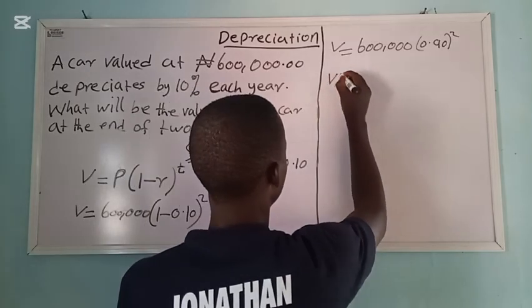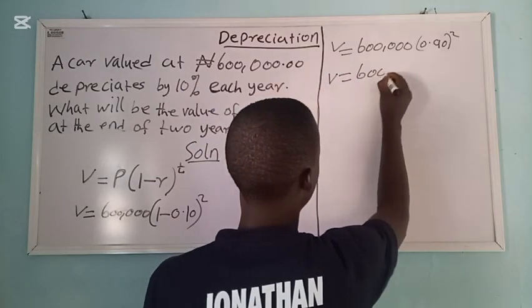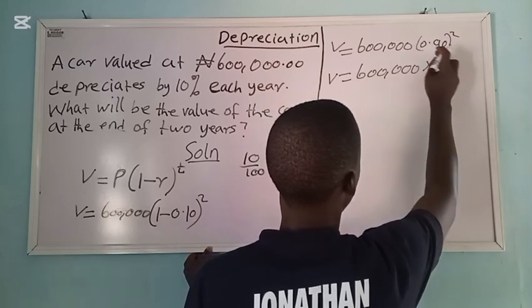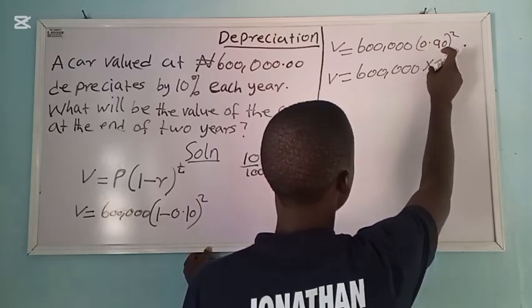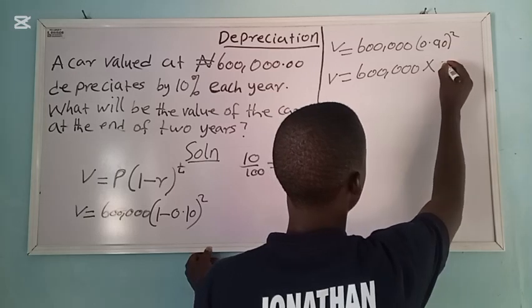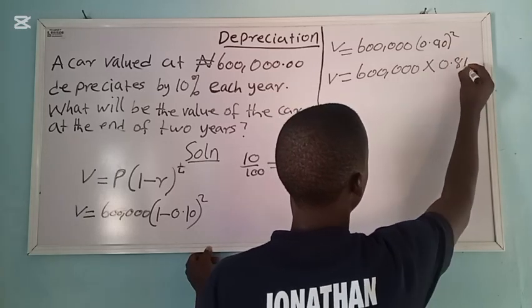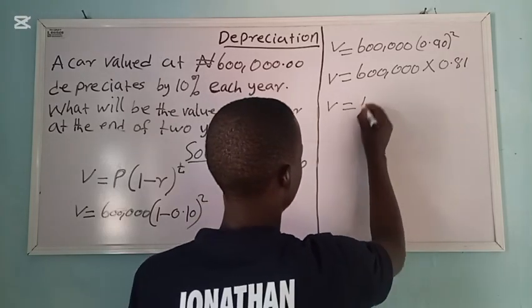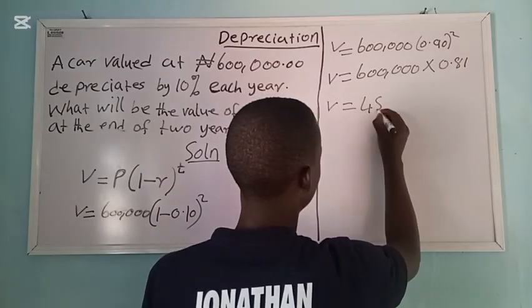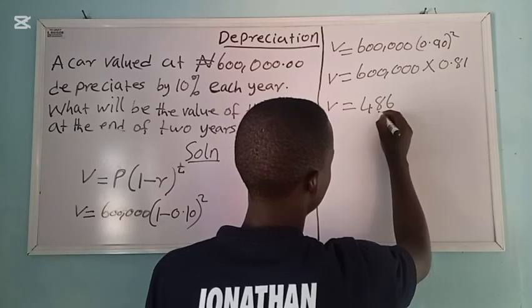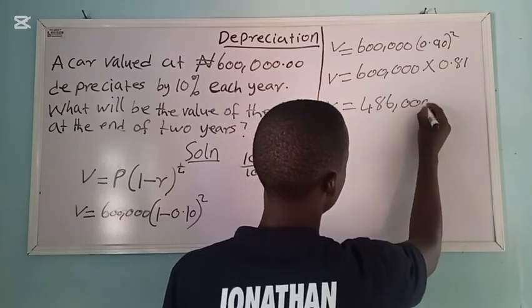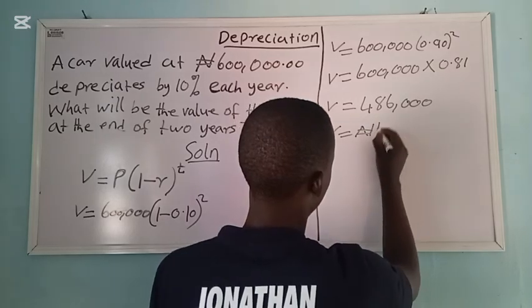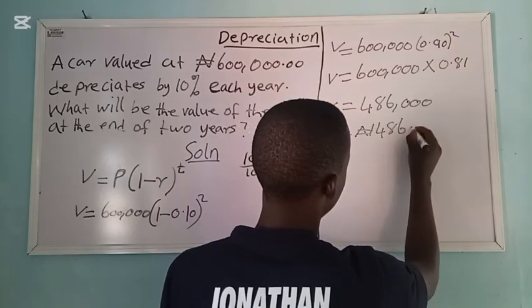So V is equals to 600,000 times, when you say 0.90 squared, it will give you 0.81. So V is equals to 486,000 at the end.